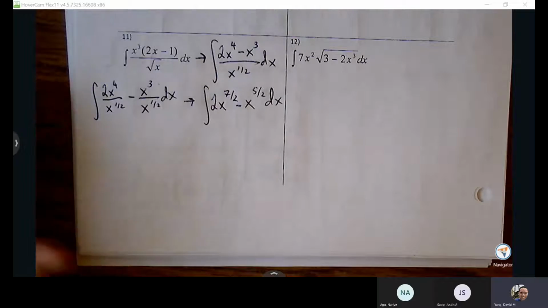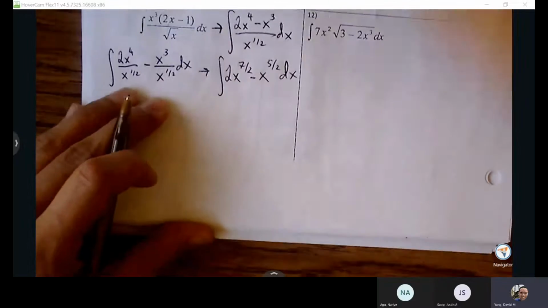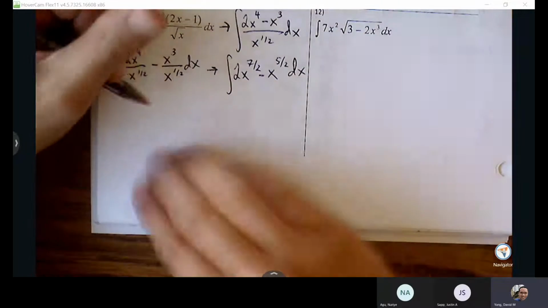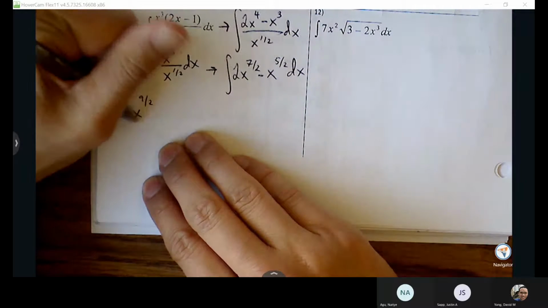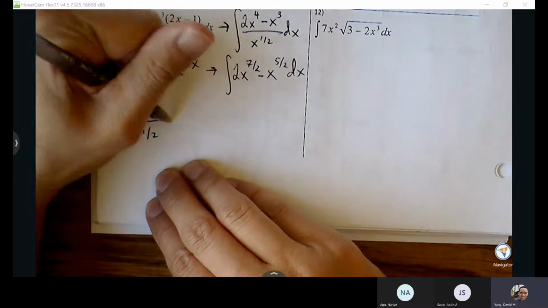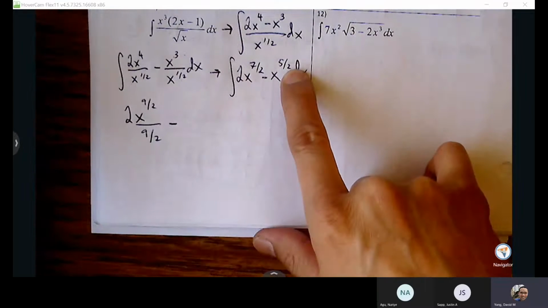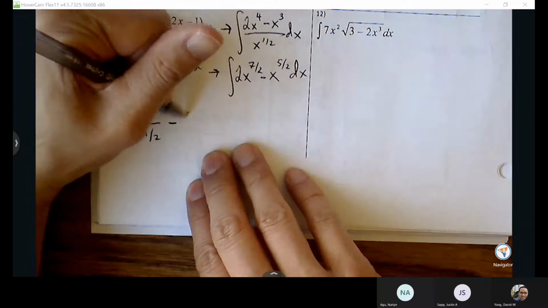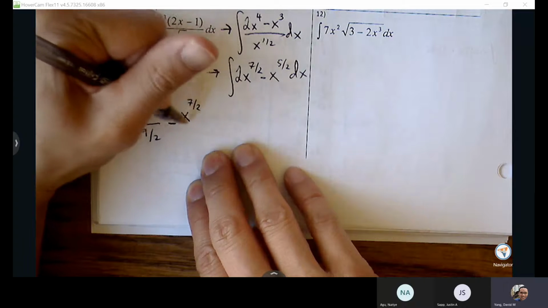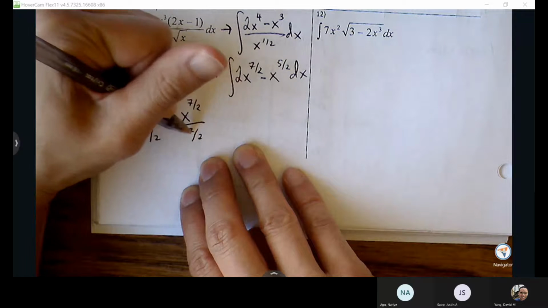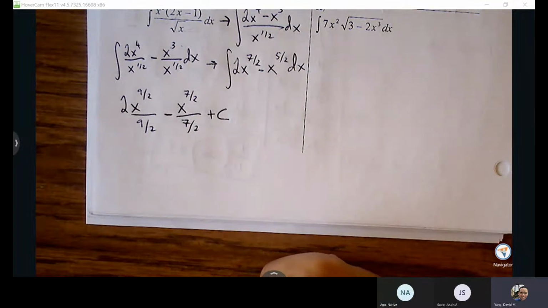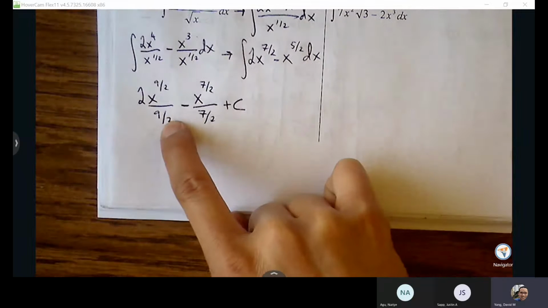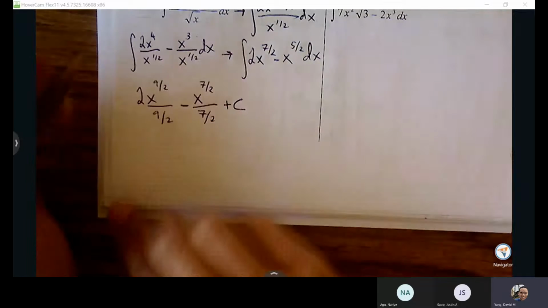There's nothing else that we need except power rule. Okay, add 1 to the exponent, plus 2/2. Okay, flip the fractions up. 2 times 2/9, which is 4/9.